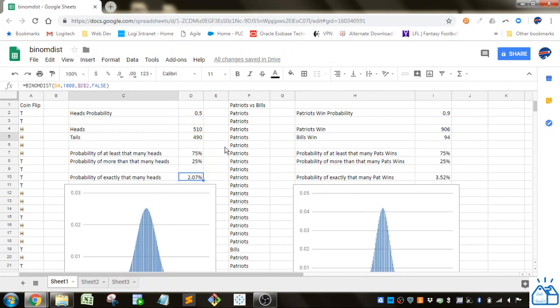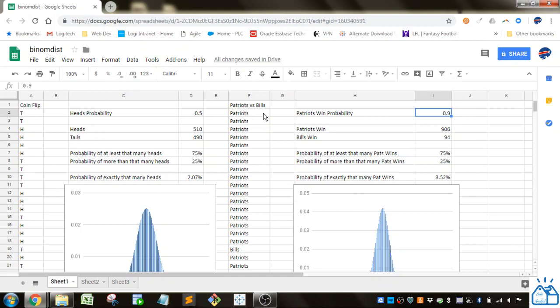Okay. Now, the probability of an event is not always going to be 0.5 for both outcomes. For instance, let's take a football game. Both teams are not going to be equally skilled, so one is more likely to win than the other. If we look at Patriots versus Bills, the Patriots are a better team, so their win probability is 0.9, or 90%.